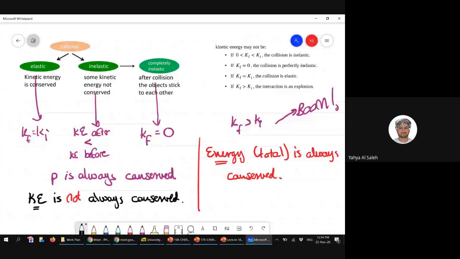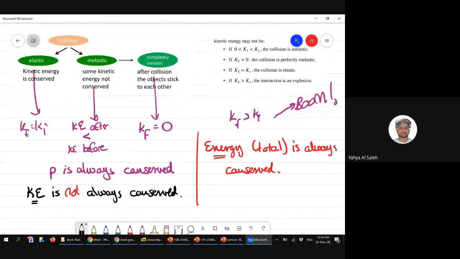So what are the options that we have? We have bodies that are colliding with each other. Momentum before is equal to momentum after at all times. If kinetic before is equal to kinetic after, we call it an elastic collision.